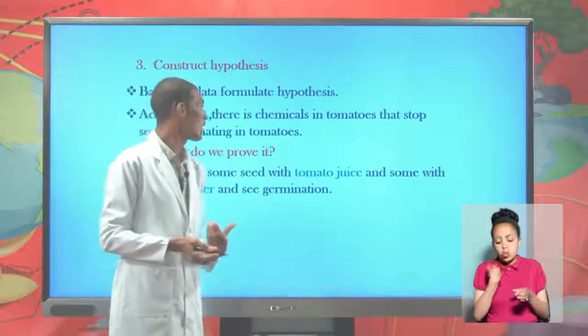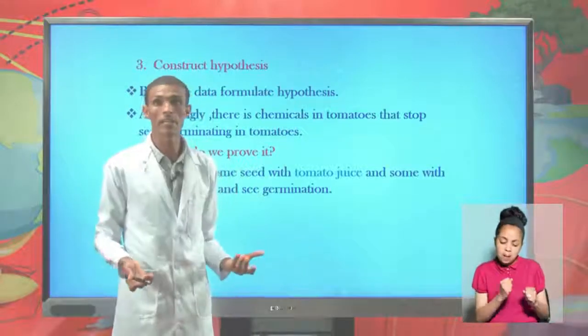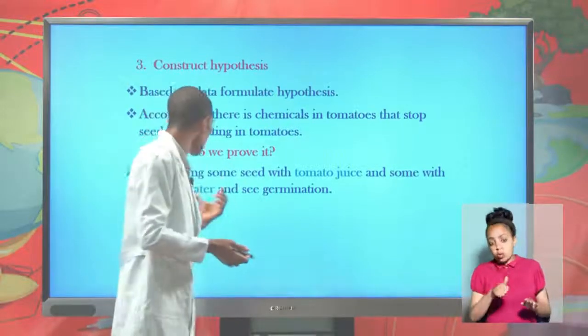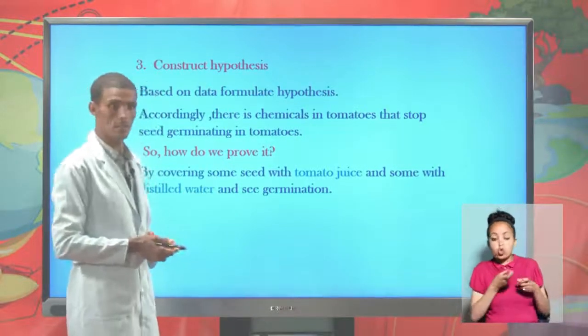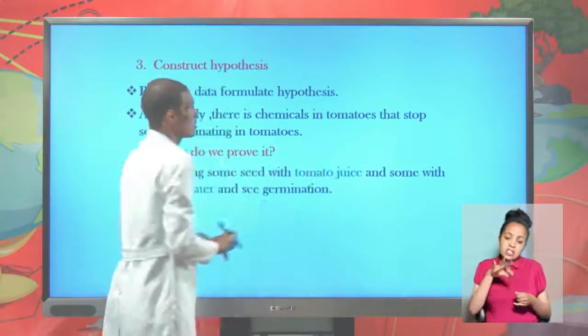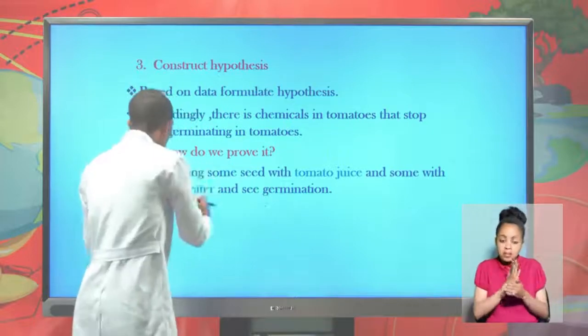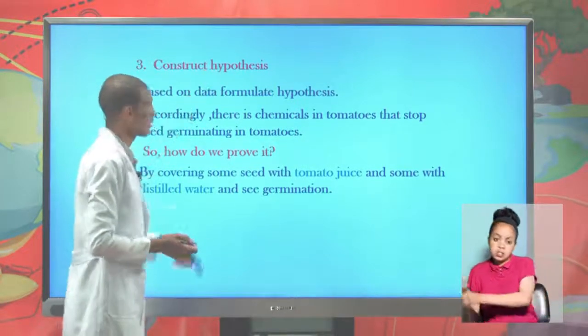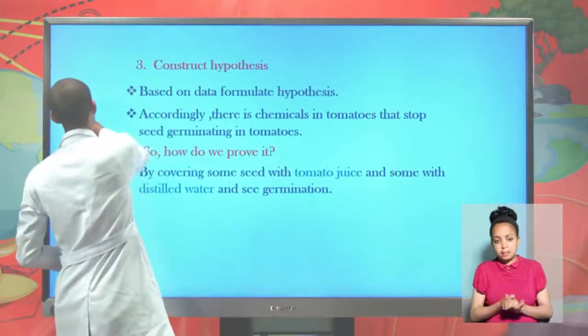Then we see whether the seeds can properly germinate or not. We must have a control group here: a jar containing seeds covered with tomato juice, and seeds covered with distilled water. This is the tentative explanation.